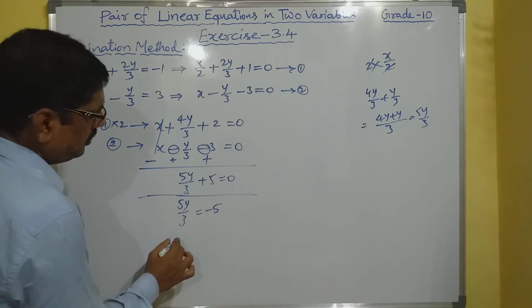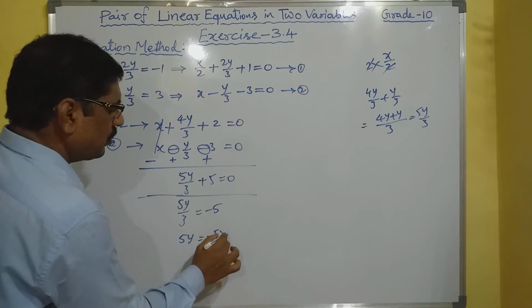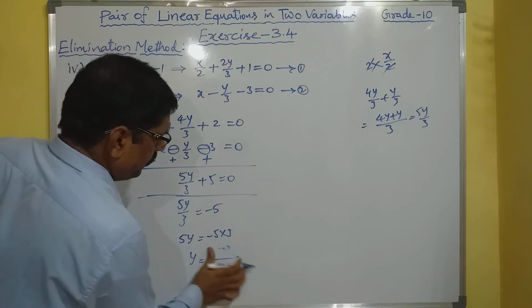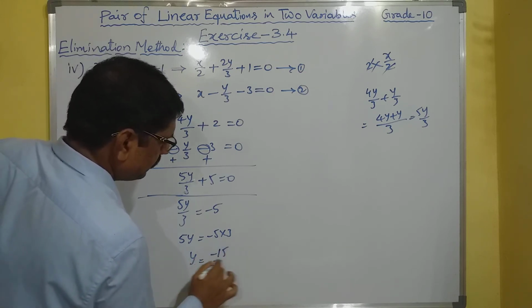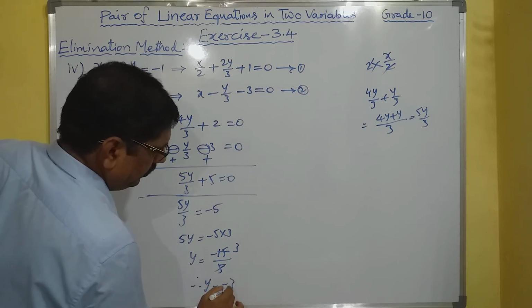Okay, then 3 if you transpose to that side, 5 threes are 15. Therefore, y is equal to minus 3.